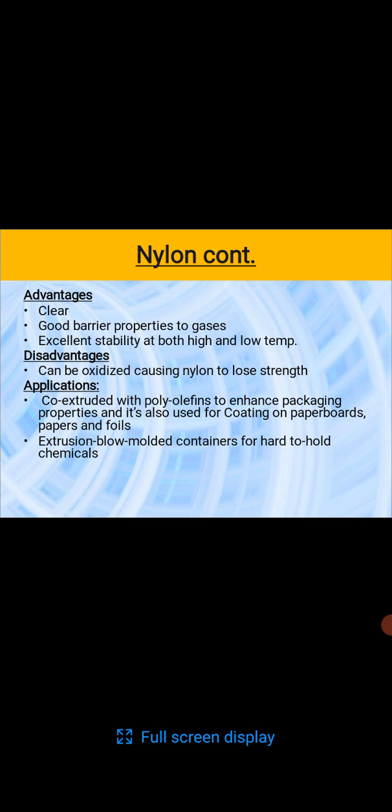Disadvantage: can be oxidized, causing nylon to lose strength. It is applicable for co-extrusion with polyolefin to enhance packaging properties, and it is also used for coating on paper, board and foils. Extrusion blow molded containers for hard-to-hold chemicals.